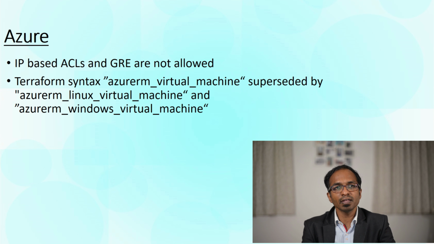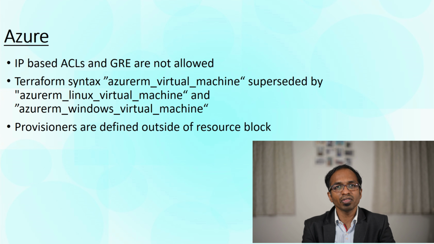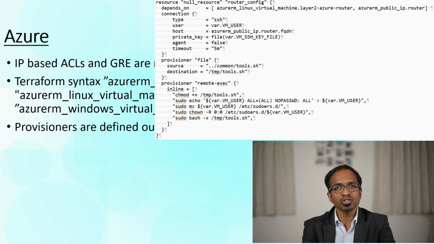I couldn't specify the provisioners directly within the resource block. Once the virtual machines are created, I used a null resource to connect back to the virtual machines and then provision them.